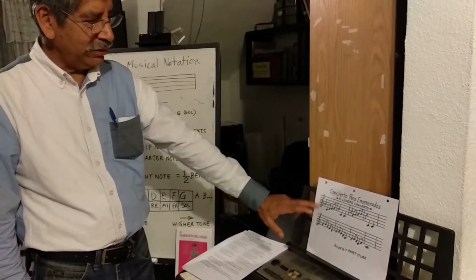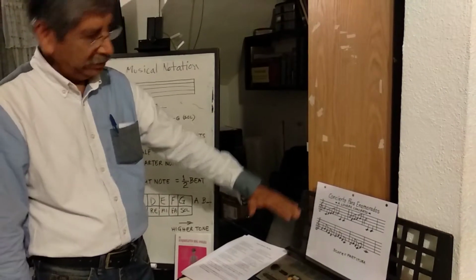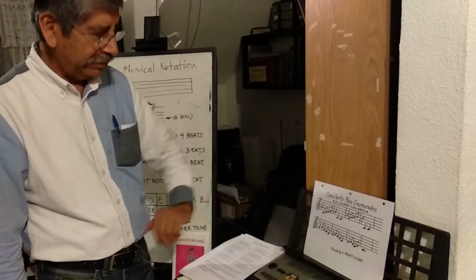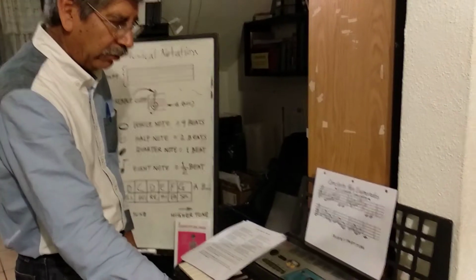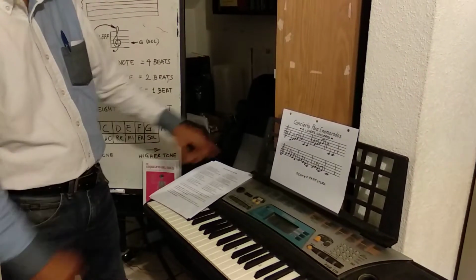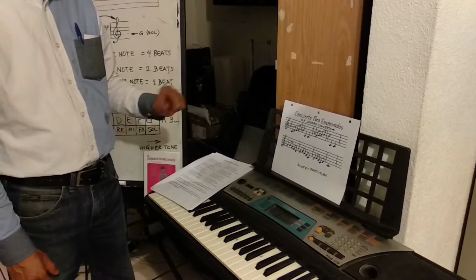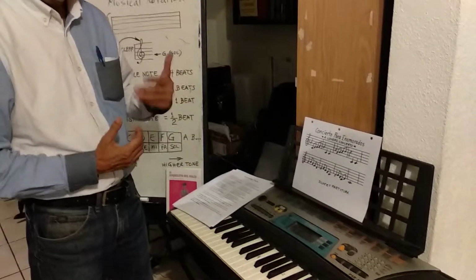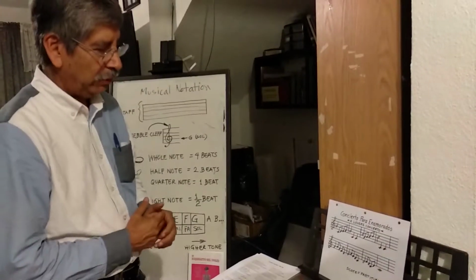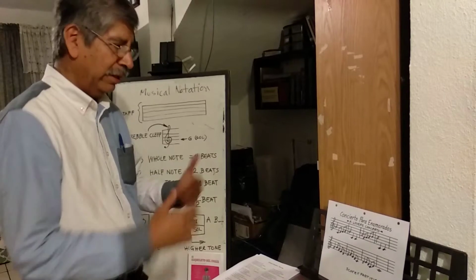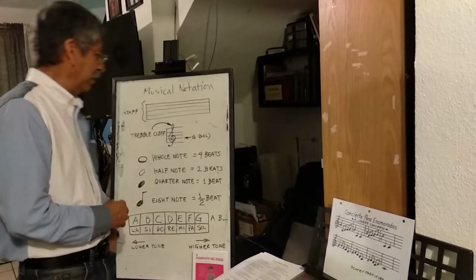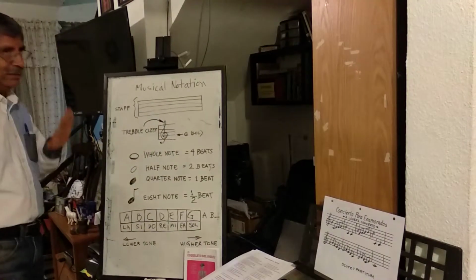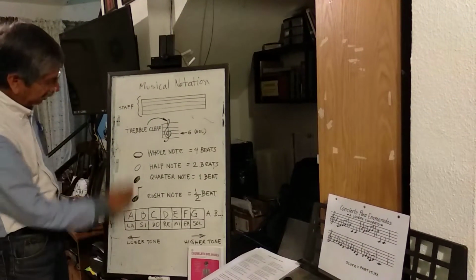Okay, each note on a line or on a space shows what notes are going to be played, and the type of symbol indicates the length of the note, either 1 beat, 2 beats, 4 beats, and so on. And that is explained here.